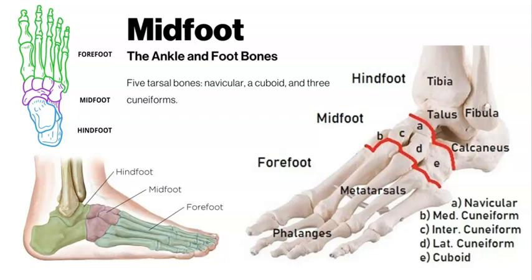And we have three cuneiforms: the medial cuneiform, the intermediate cuneiform, and the lateral cuneiform, positioned between the navicular and the bases of the first three metatarsals. They play an important role in forming the transverse arch and supporting the medial longitudinal arch of the foot.